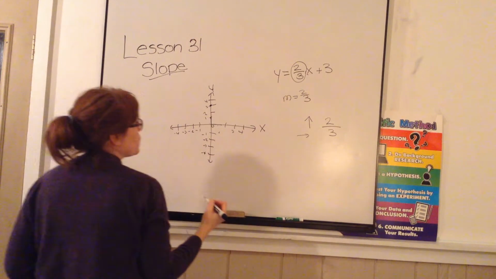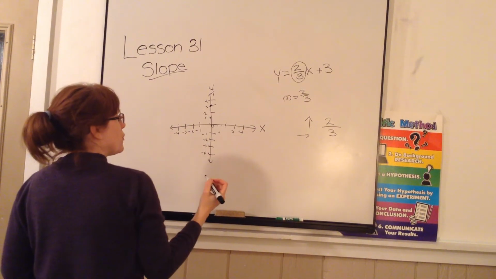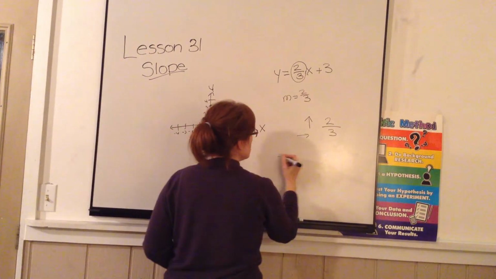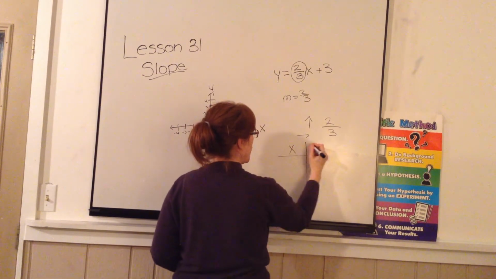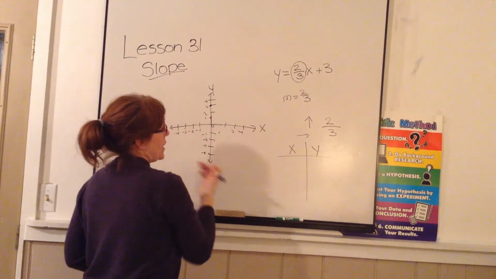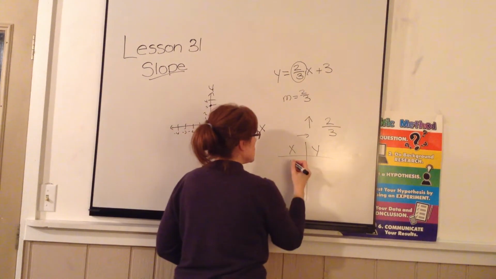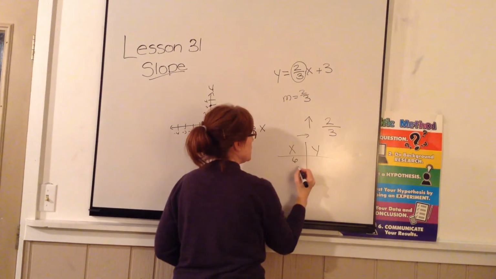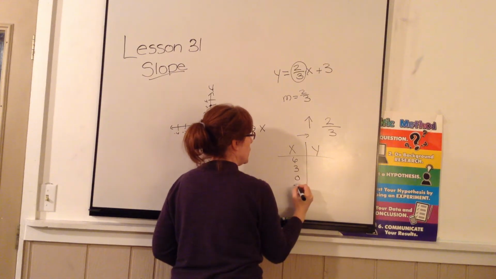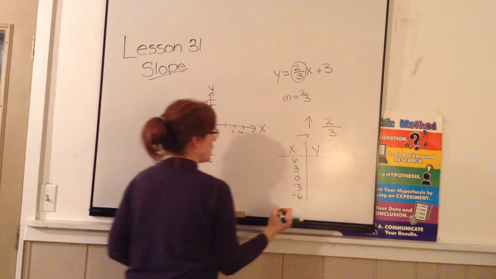So let me see. If I put a 3 in there, an easy way to do this for my x and y is I'm going to choose values to cancel out the 3 on the bottom. So I might do 6, 3, 0, negative 3, and negative 6, okay?